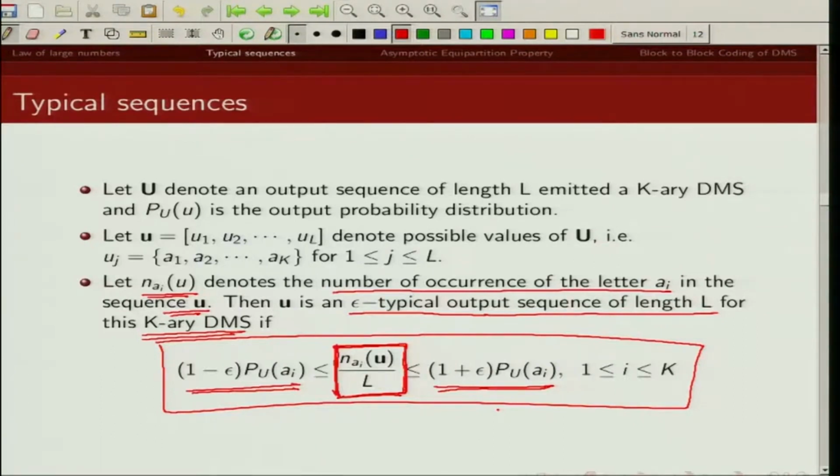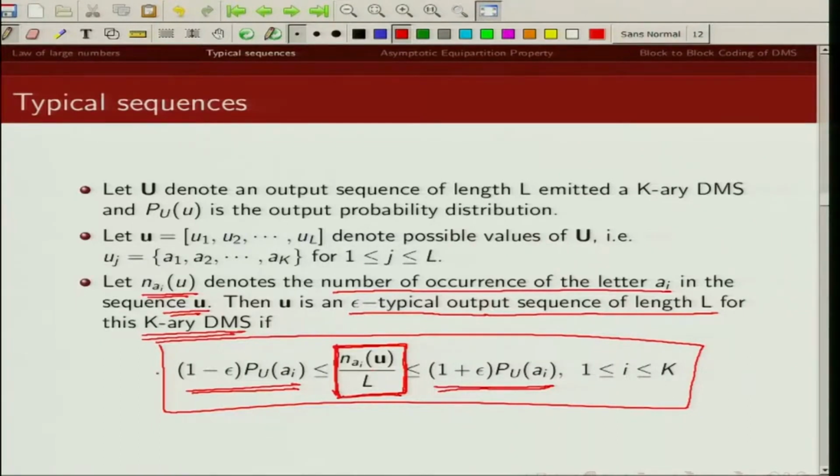So if your L is large enough, then in a typical sequence the fraction of time Ai appears in the sequence should be close to the probability of occurrence of Ai, and this should hold for all the K-ary alphabets: A1, A2, A3, up to AK.